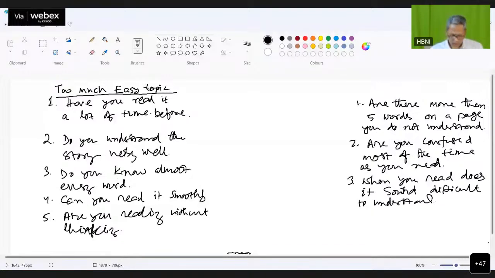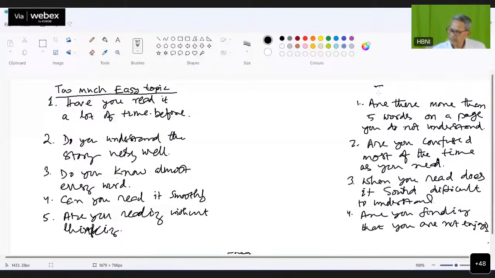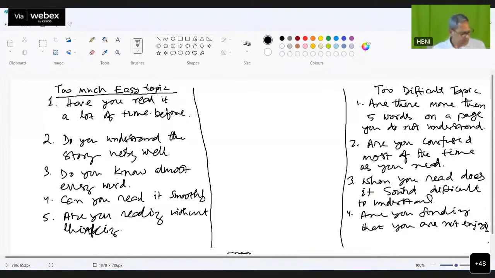Four, are you finding that you are not enjoying it? If this is the case, this is too difficult. These are the two extremes.